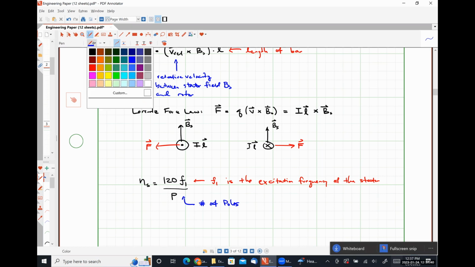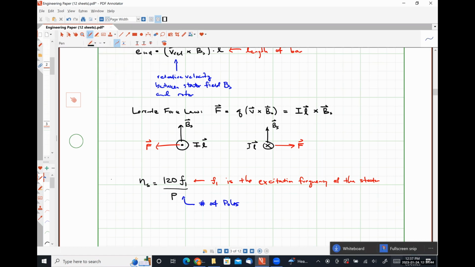So one thing actually that I don't think I remembered to mention here, when I first introduced this last Thursday, is that our stator speed, or our synchronous speed here, is measured in revolutions per minute. So this is probably going to give you some indication as to why we get the speeds that we get, right?